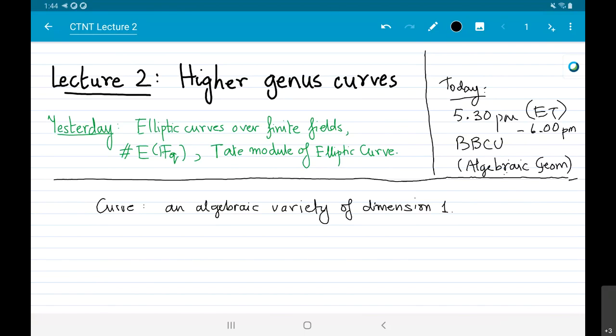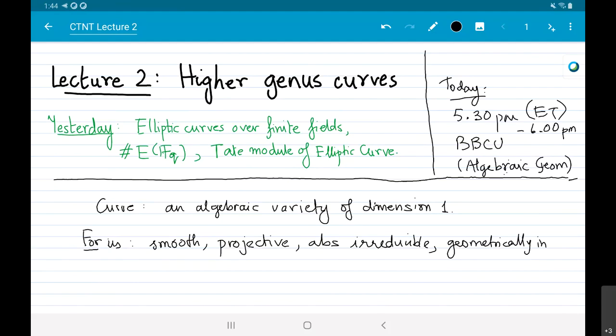Calculus. For us, most curves are going to be the following. Unless mentioned otherwise, and sometimes I'm going to talk about A1, most curves are going to be smooth, projective, and I'm going to add in some other adjectives that we won't worry about: absolutely irreducible, geometrically integral.